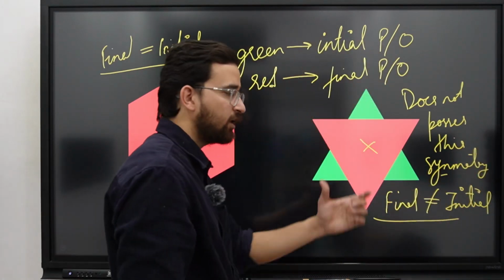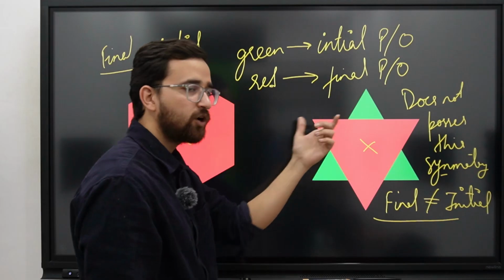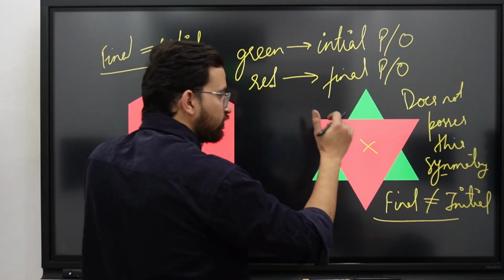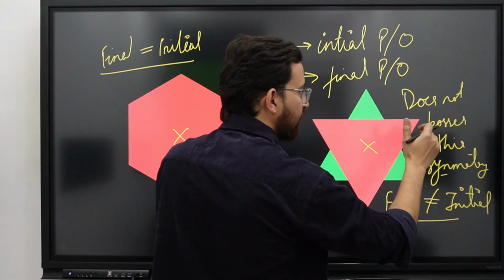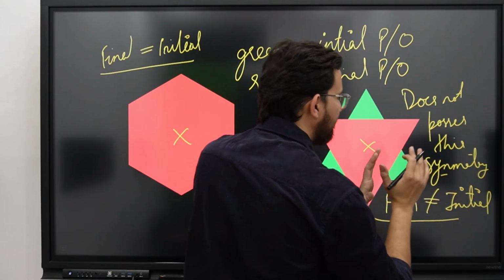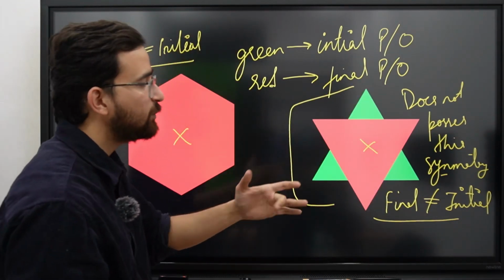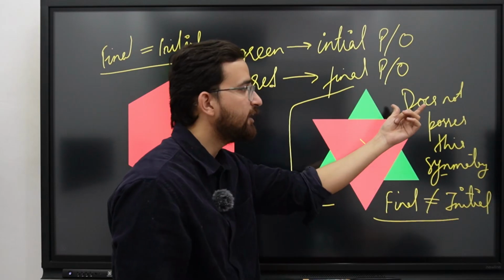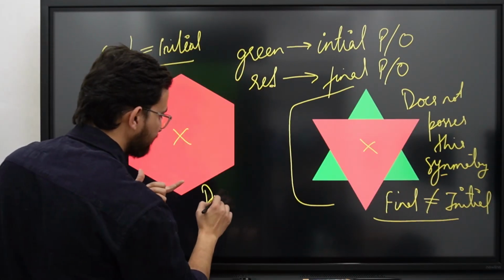What kind of symmetry? The rotational symmetry that we used to rotate it. So this example demonstrates that if you have a symmetry, the final object should be exactly overlapping the initial object. In the case of the triangle, they do not overlap. This means that the triangle did not possess this symmetry, while the hexagon did possess it.